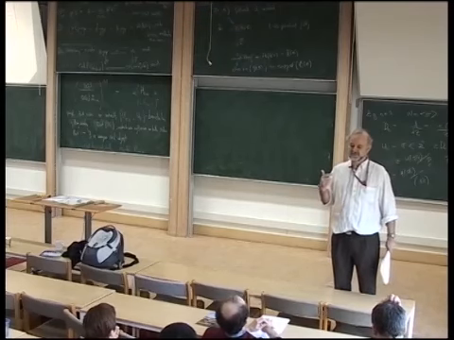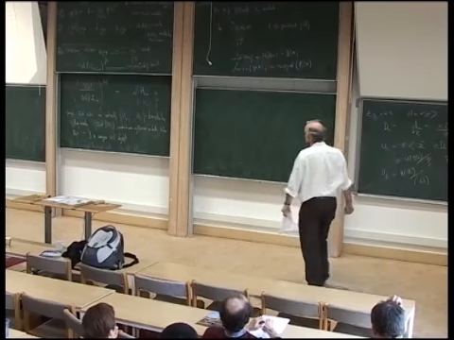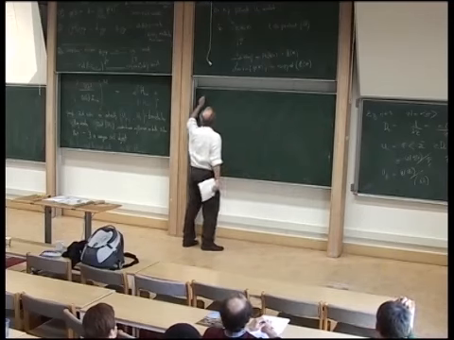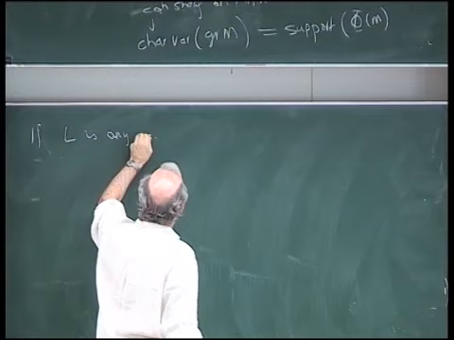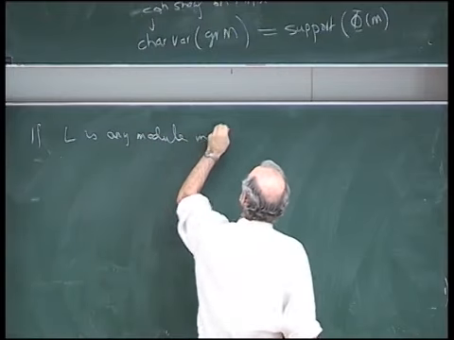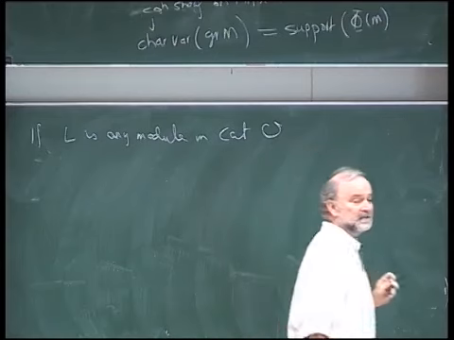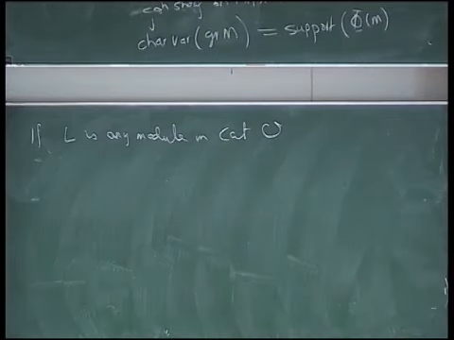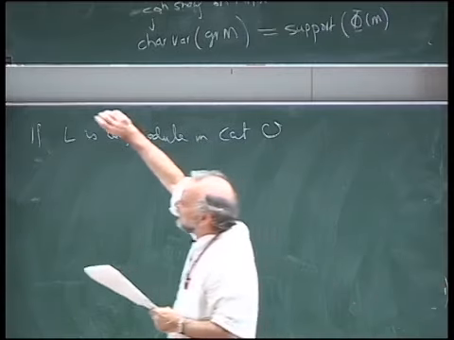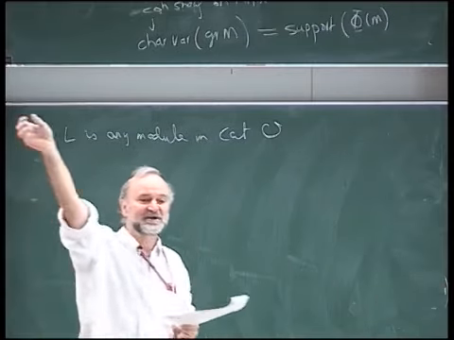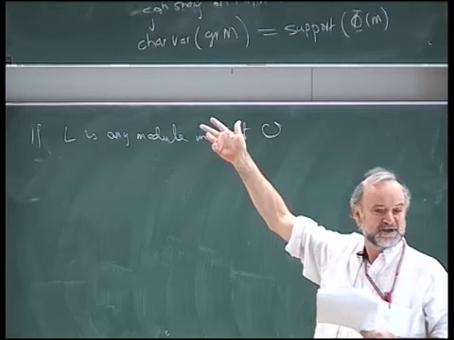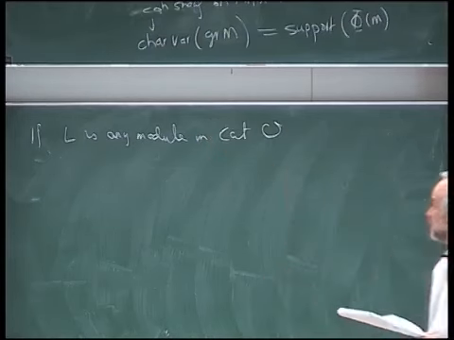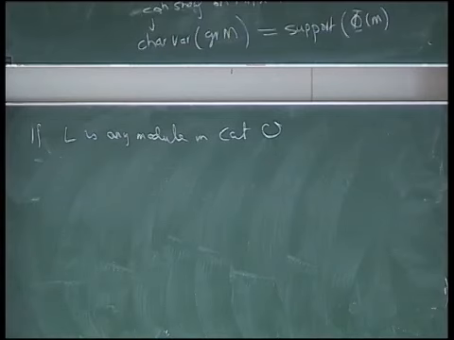No, any simple module. If I'm in category O, so if L is a simple, or any module in category O, the same category O we were talking about before, so you look at modules on which the Dunkl operators act nilpotently, and then you look at W acting naturally, and those are the modules in category O. So you can think of these as you take the Verma modules and take the factors of those.